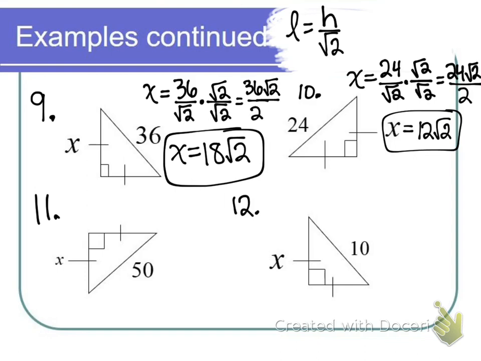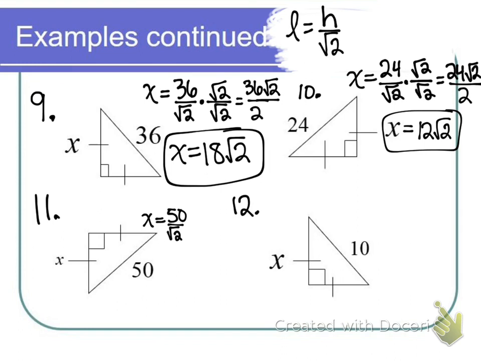On number 11, again, we're looking for a leg. So what is my initial equation that I'm setting up? What's representing my leg or my L? X equals, what's representing my hypotenuse? 50 over radical 2.